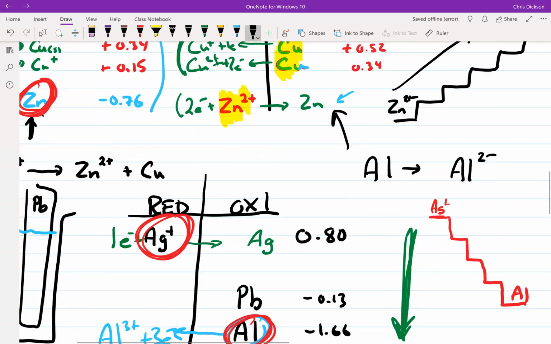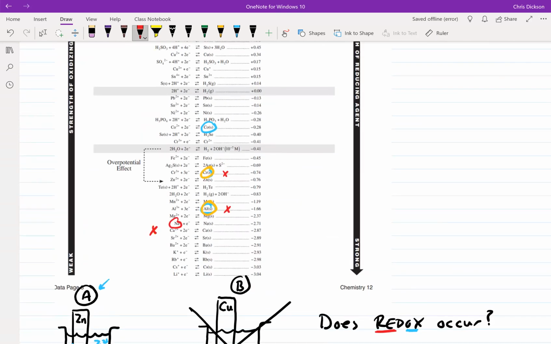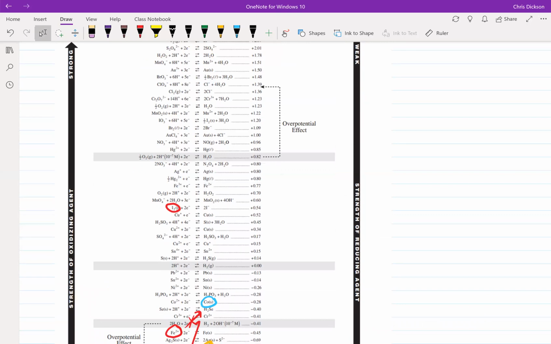So iron 2 plus is, where are we here? Iron 2 plus is here. So it is above the other metals that don't react, but it's below the cobalt here. So this would have been step up, so that's not going to occur. So really it's just the I2 that is going to react with the cobalt.